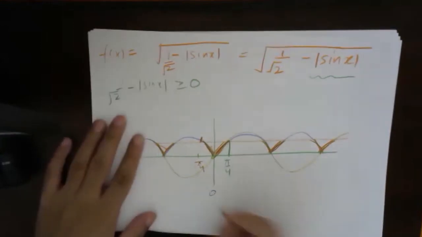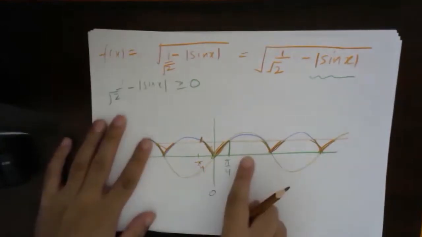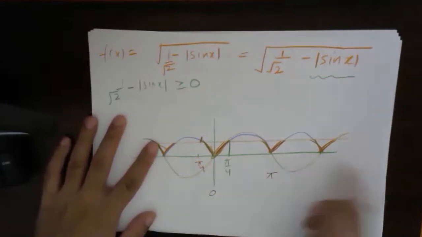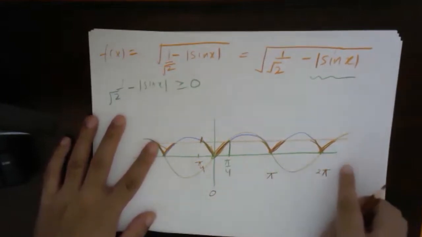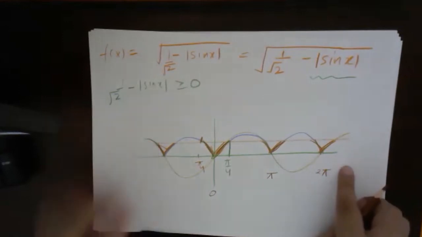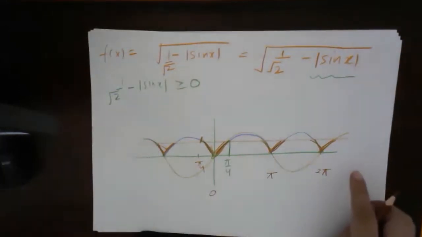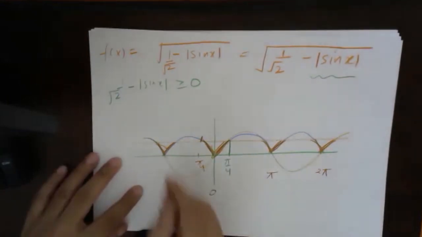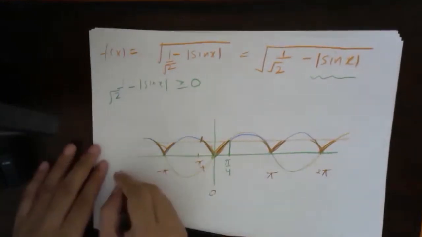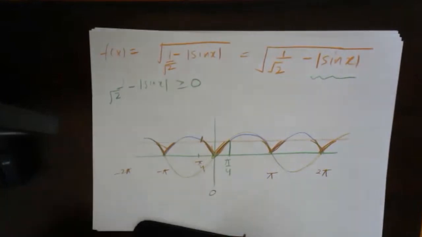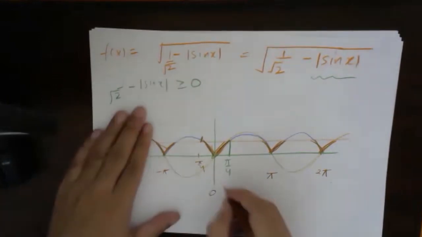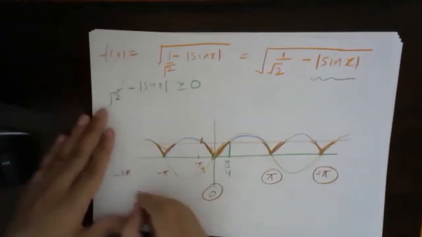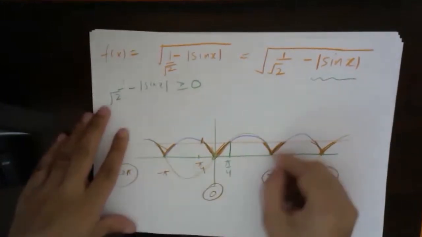Now this is 0, pi by 2, then you will have pi, then 3 pi by 2, you will have 2 pi, then 3 pi, then 4 pi, then 5 pi. Similarly, here you have 0, then minus pi, then minus 2 pi, minus 3 pi, and so on, right? And around these values of multiples of pi, this is symmetric.